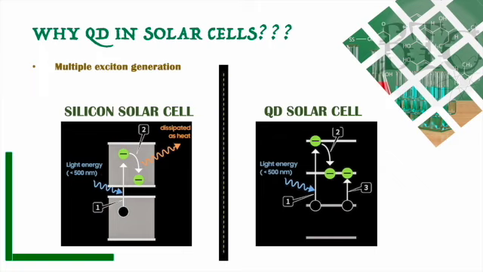Oh, now I understand how quantum dots make solar cells more efficient, because at the same time it is making more than one electron come to the excitation state, or let's say more than one electron-hole pair is generated when quantum dots are used, as compared to when bulk silicon is used.